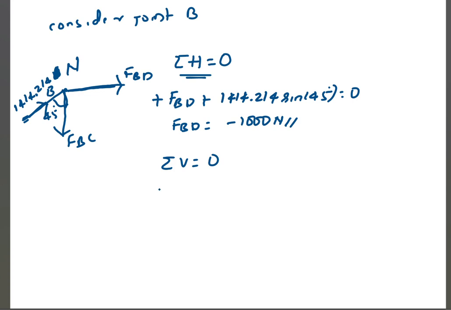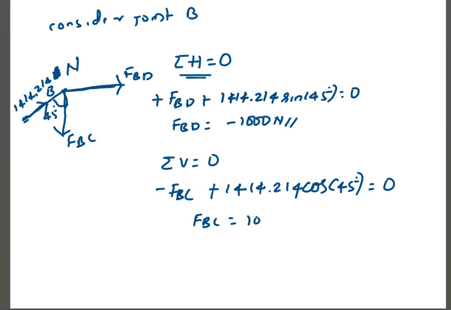If the force is acting towards down, it will be minus FBC plus 1414.214. This will be cos because the vertical force is resolved towards theta. Cos of 45 degree is equal to 0.707. FBC is equal to 1000 Newton.